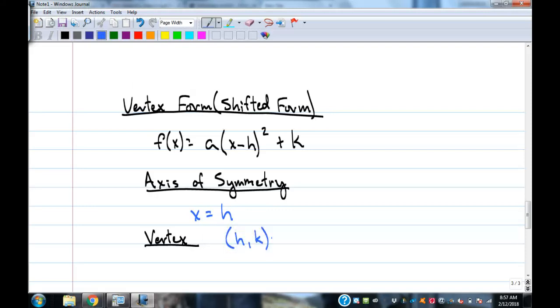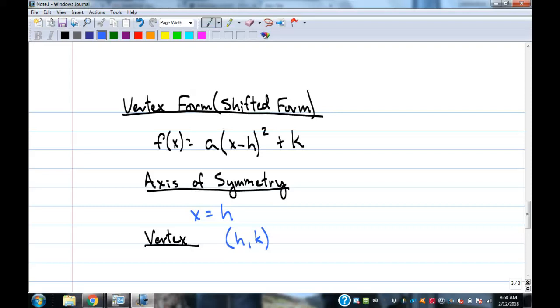So whatever's inside the parentheses, it's the opposite when you pull it out. So if it were -7, then the axis of symmetry would be at +7. Okay. The k on the outside for the vertex is exactly what it is. So if it's +5, it's going to be +5. If it's -6, it'd be a -6 on the k value.